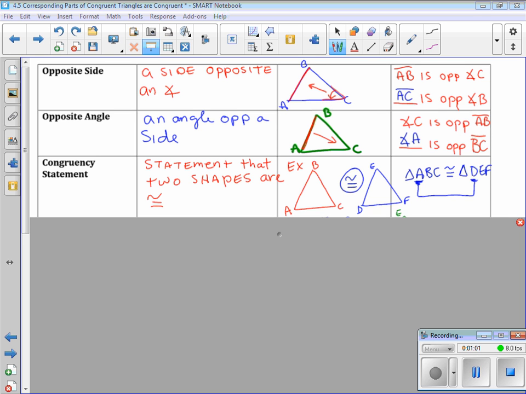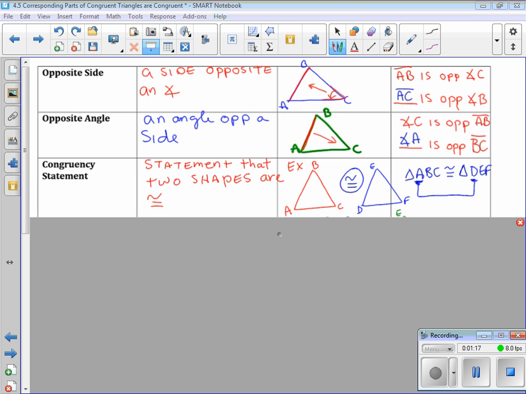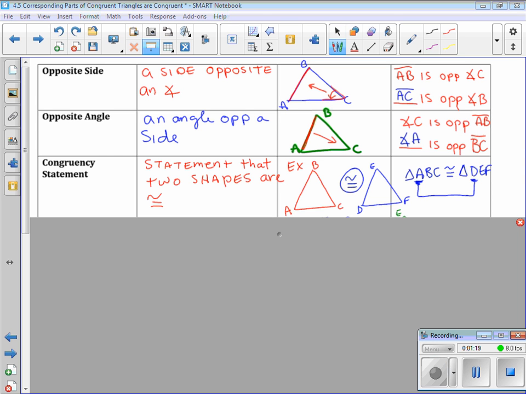So I have two triangles, triangle ABC and triangle DEF, and I'm saying that they're congruent. What's kind of cool is that when I write this congruency statement, over here to the right in blue, I can tell by the way the letters are ordered that if A is in the first spot and D is in the first spot in the other one, then those two angles have to be congruent.